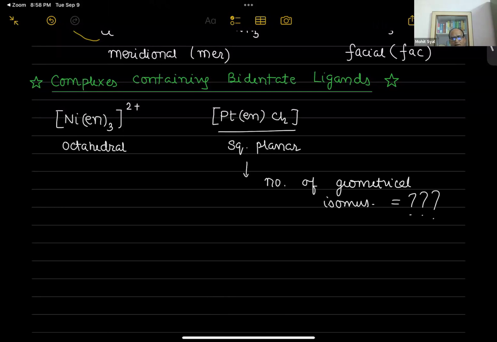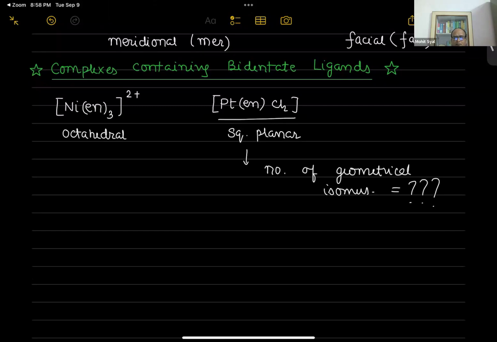That is very important. Okay. Have the clarity about the question. So tell me, how many geometrical isomers you can have for this square planar complex where you have one bidentate ligand, ethene 1,2-diamine, and two monodentate ligands.